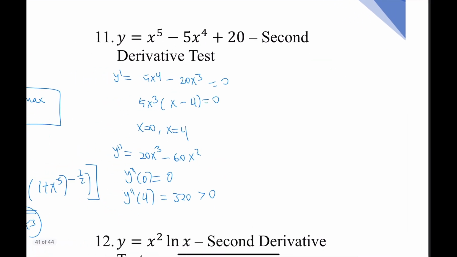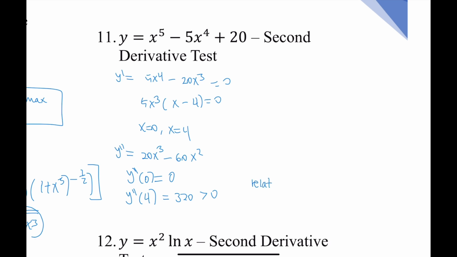So there is a relative minimum at 4, and then 4 to the 5th minus 5 times 4 to the 4th plus 20, so negative 236.